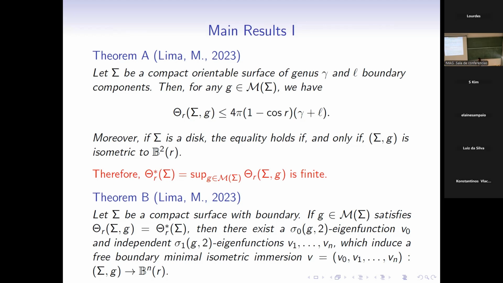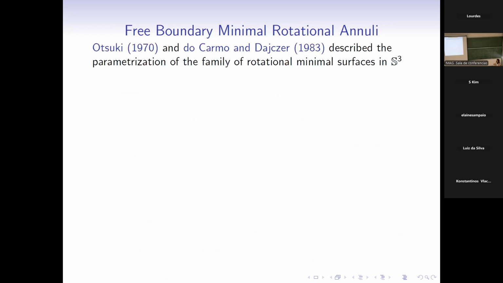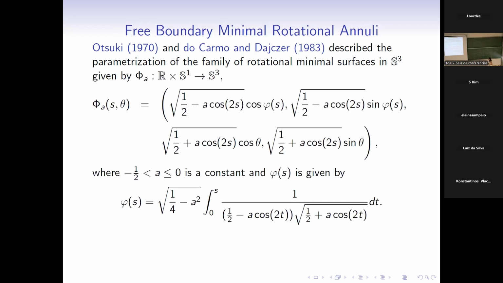Okay? Excellent. And to talk about our third result, I first need to present you with a family of free boundary minimal annuli that exist in spherical caps. So here, Otsuki and Lucas Barbosa and do Carmo and Dajczer studied rotational surfaces in spheres, and they characterized the ones with CMC and gave a parameterization for them.